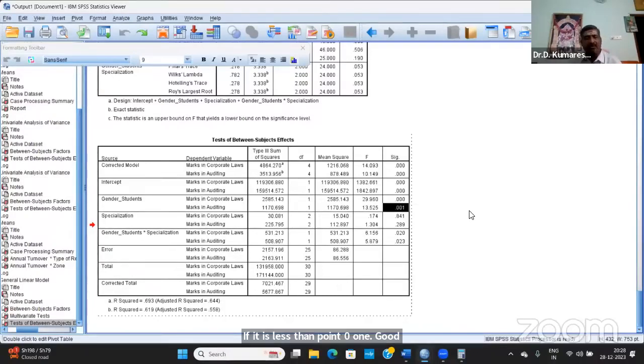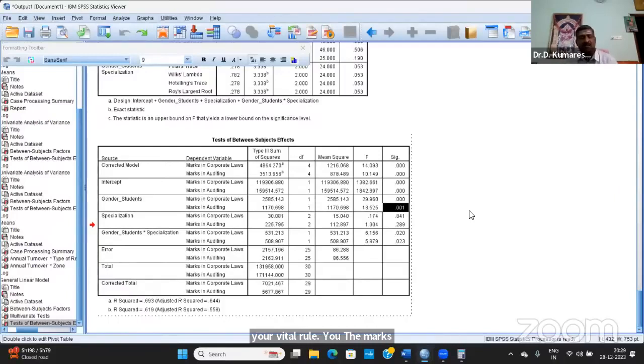So the variation in the marks obtained by students in auditing subject are also varying according to gender. So gender plays a vital role in determining the marks.